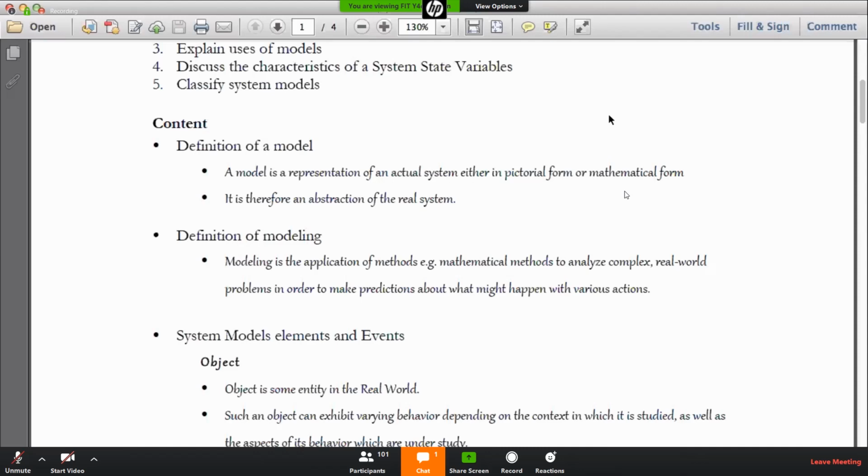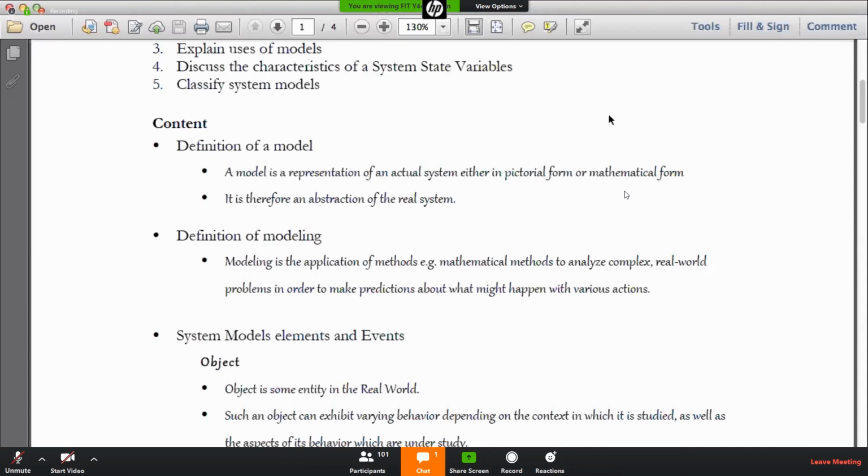So meaning, therefore, if I'm looking at different cars, then the engine is going to vary. And that's what we say, an object can exhibit varying behavior. Why is that example important? Because we know an object, when manipulated depending on the changes of the attributes it has, it becomes something slightly different.